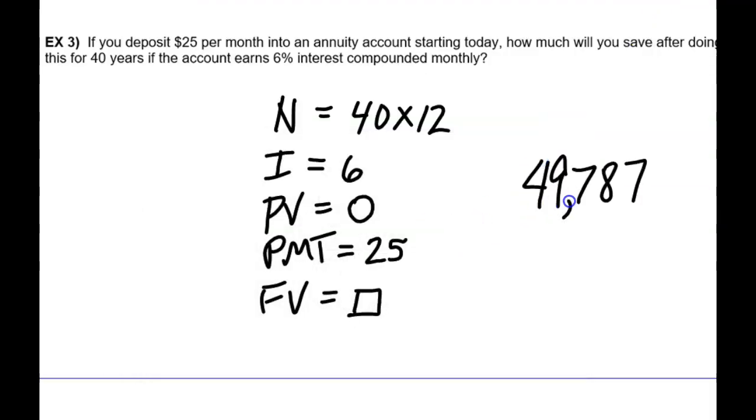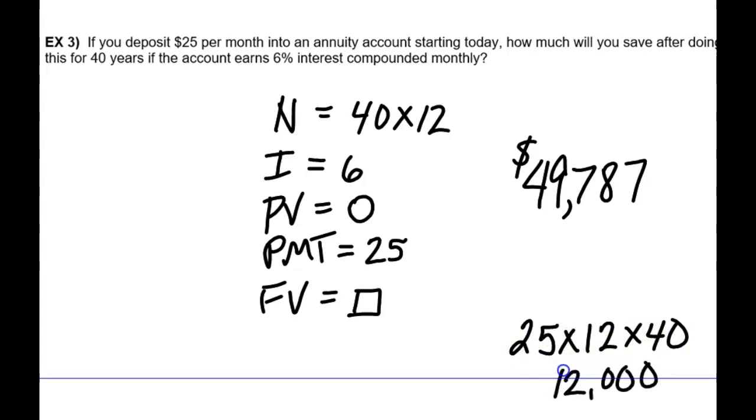Now, just because I want you to understand how this works, how much money did you actually put in there every month? $25 a month for 40 years. Can someone do that, please? I think it's like 12,000. Did I do that right?